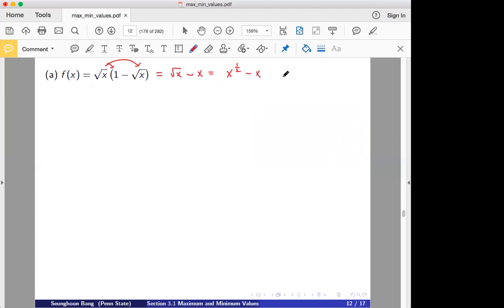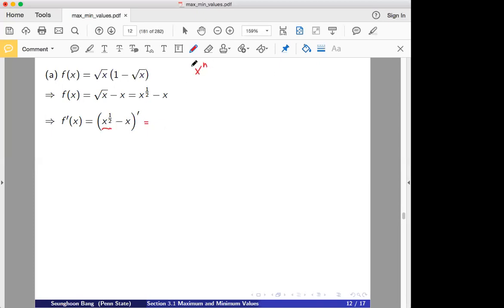Next, you calculate the derivative. For f prime of x, first use the power rule: x to the n, prime, is n times x to the n minus 1. So 1/2 comes down, x to the power 1/2 minus 1, minus x prime. What is x prime? The answer is 1.